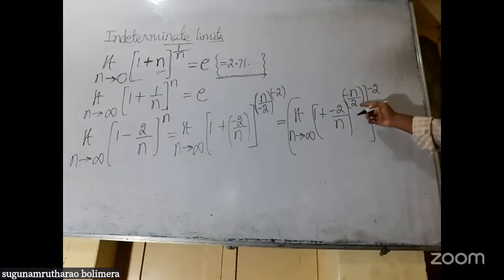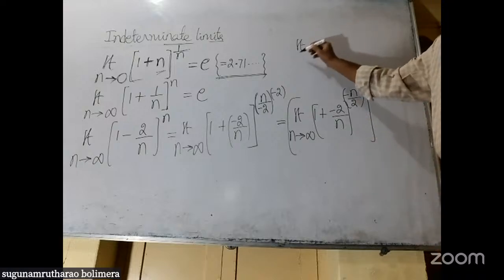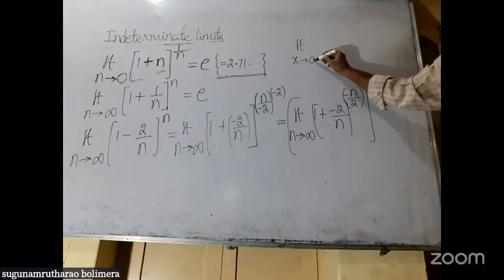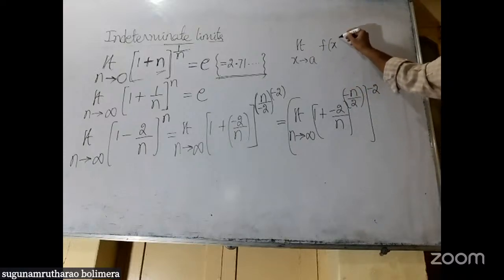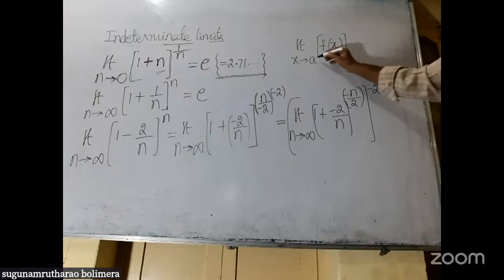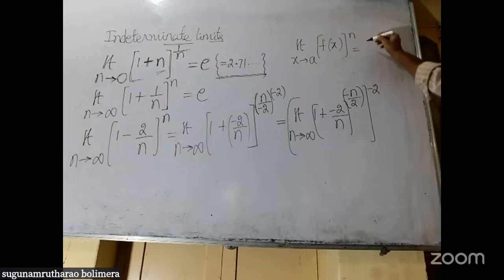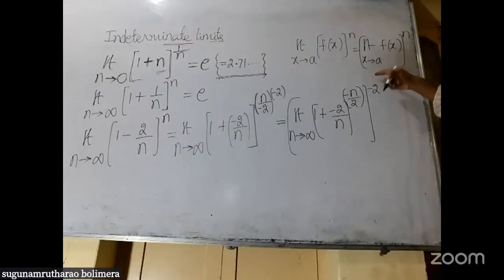If you simplify, there is a constant, and limit x tends to a of f of x whole power n is nothing but limit x tends to a of f of x, whole power n. Divide the power with the entire limit.